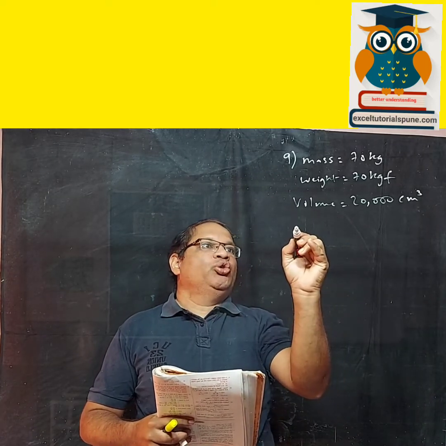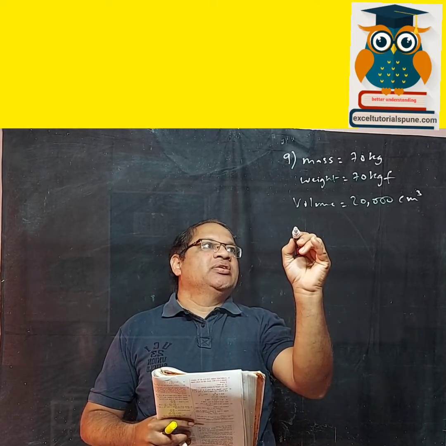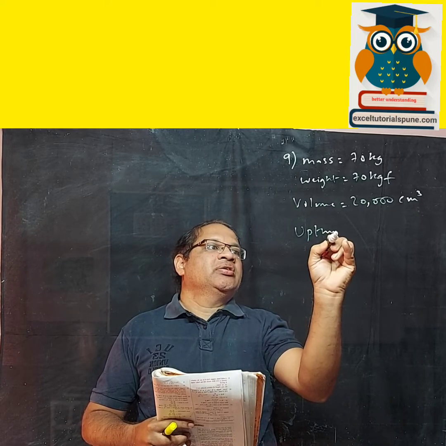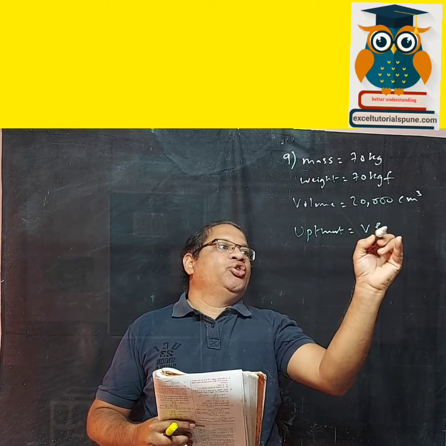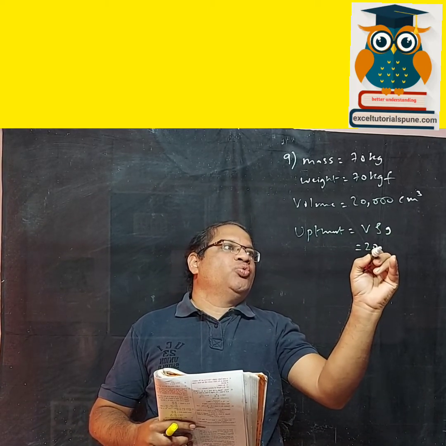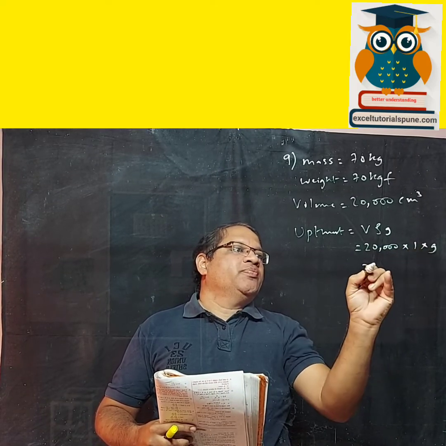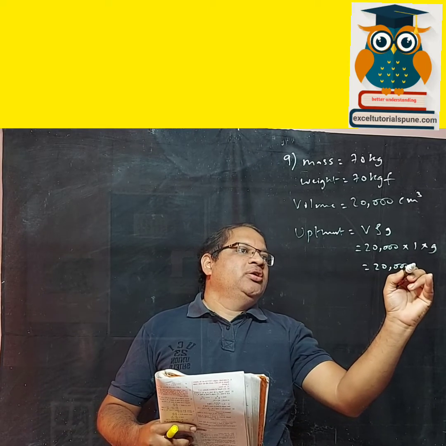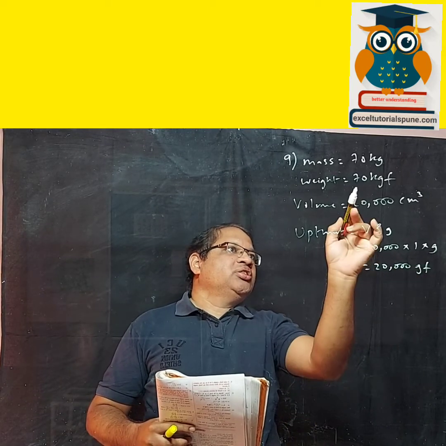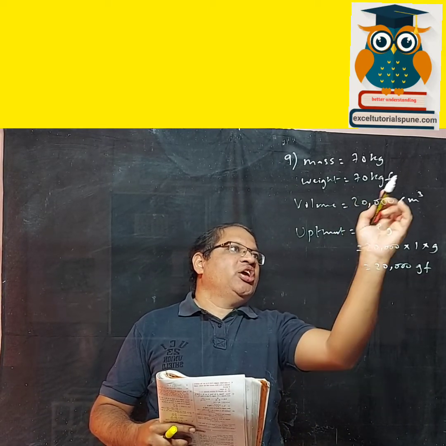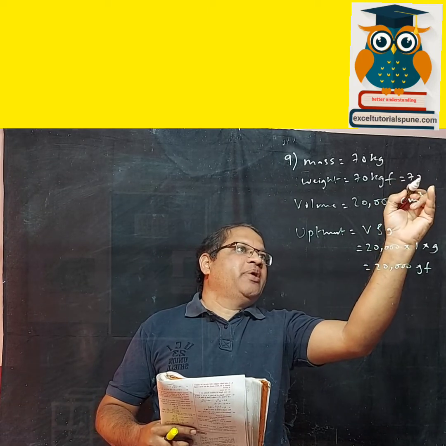So volume is given, you can find out the upthrust. So upthrust is equal to V rho g. So volume is 20,000, density is 1 and g. So 20,000 gf. Now see, this is 70 kgf. You have to convert it into gf, multiply by 1000.